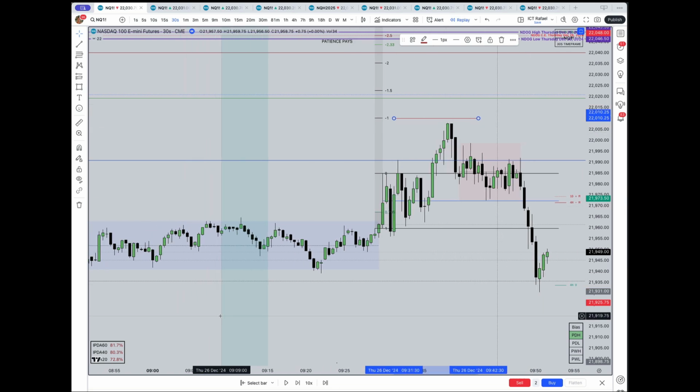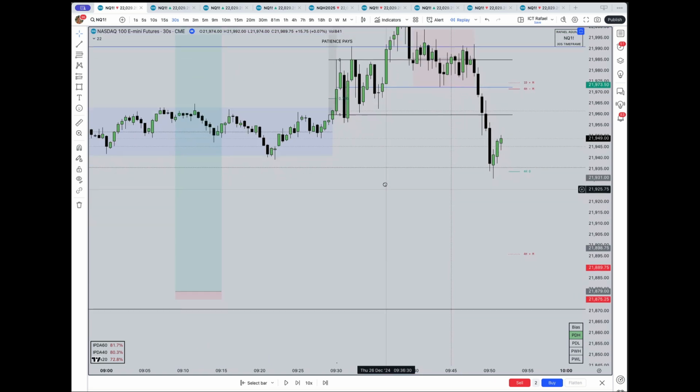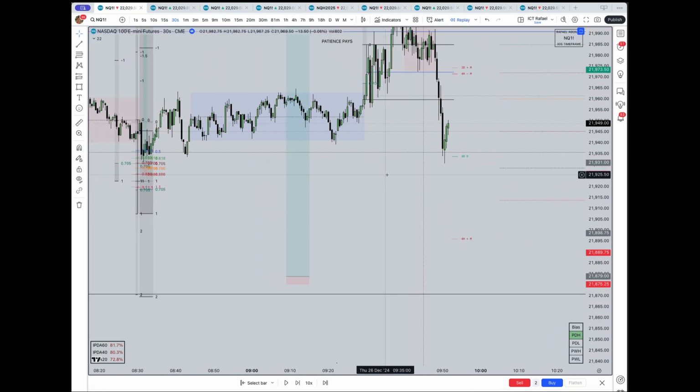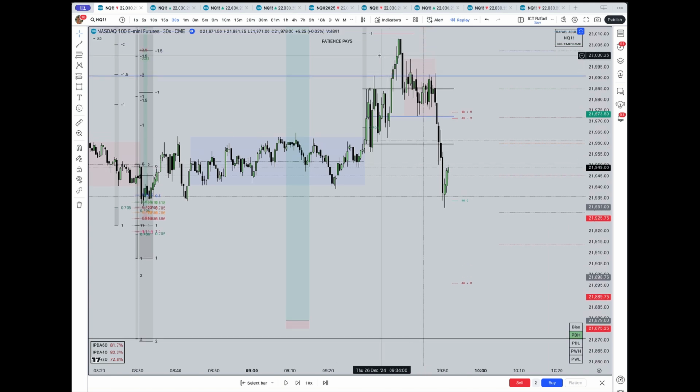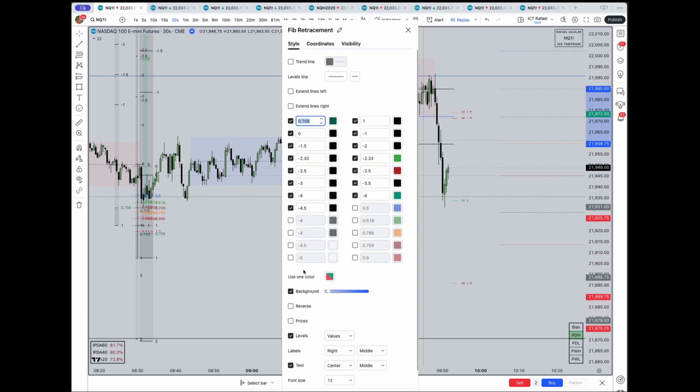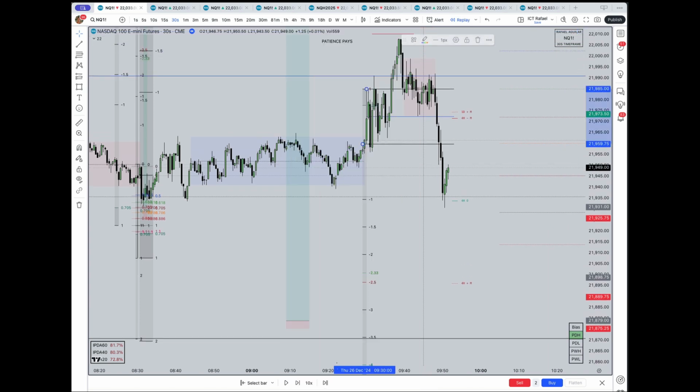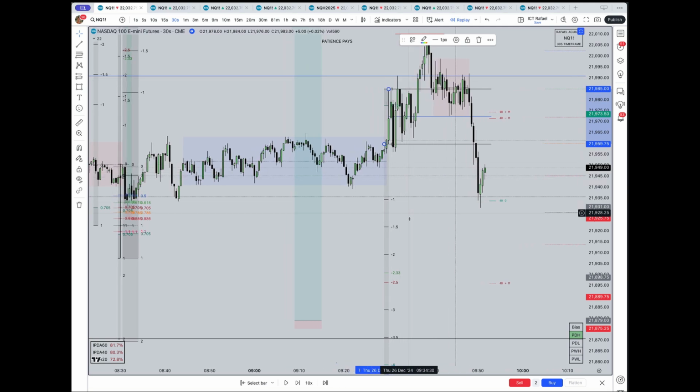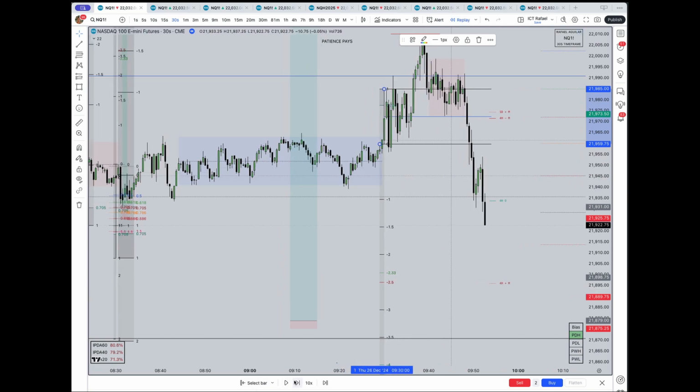And I was long. But I wasn't sure if we were going lower because of the news, so I took 2 off and moved my stop loss around here. When this happened, I reversed my fib because my buy was wrong, and let's see what happened.